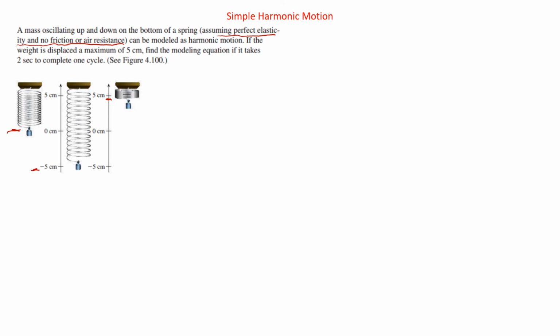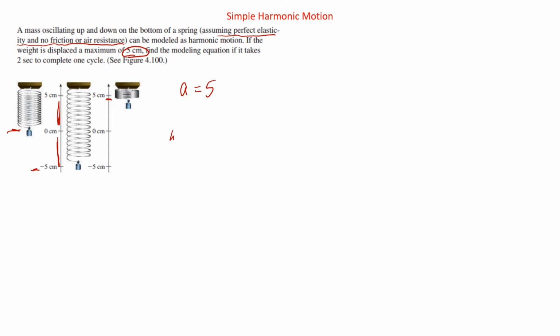So the first thing we have is it's being displaced 5 centimeters, which means the amplitude, both distances, is going to be 5. So we know that the amplitude is going to have to be 5 here. Now, if it takes 2 seconds to complete one cycle, that means the frequency, how many cycles it completes per second, is going to be 1/2.